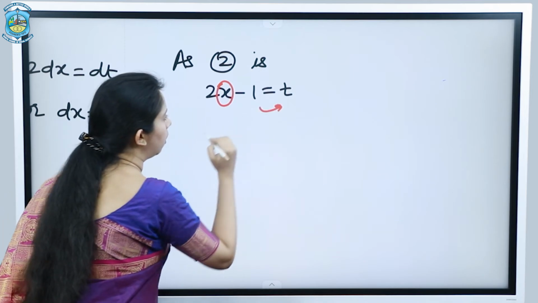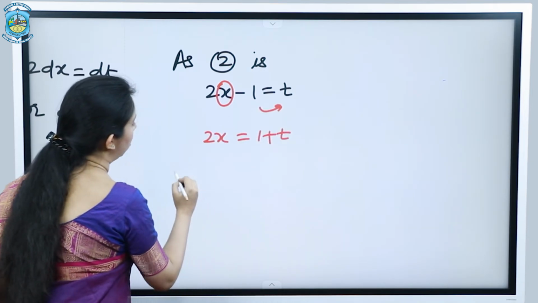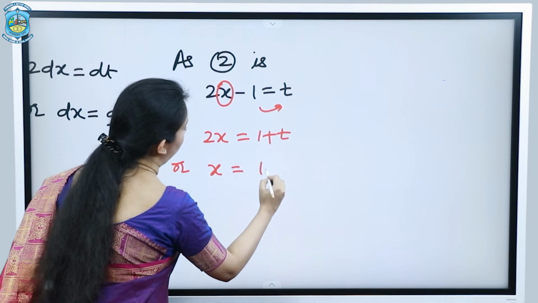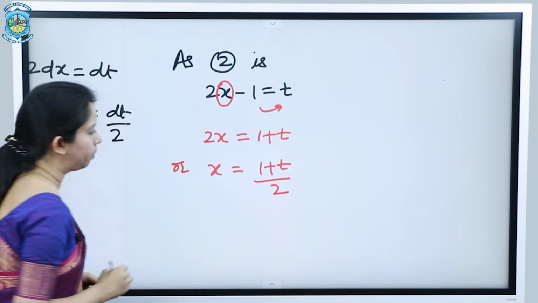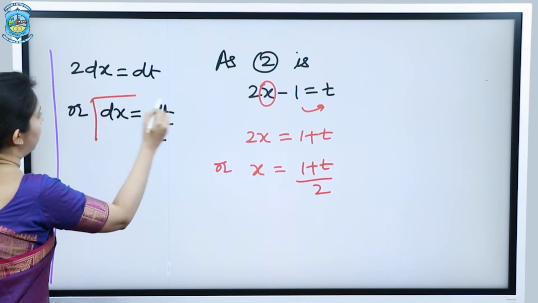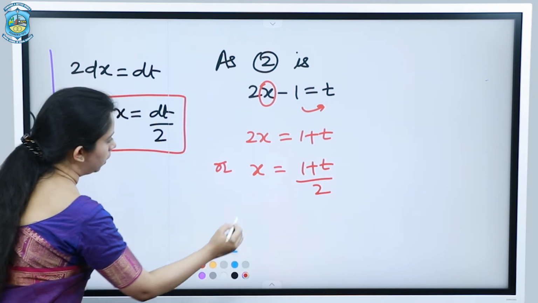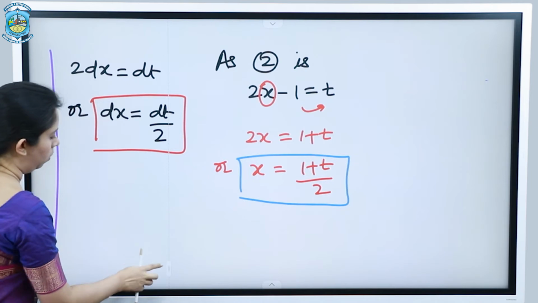That means we will shift this 1 to the other side. So we will get 2x is equal to 1 plus t, or the value of x will be 1 plus t divided by 2. And we already have the value of dx, that is dt by 2. Now we have the value of x also, that is 1 plus t by 2.